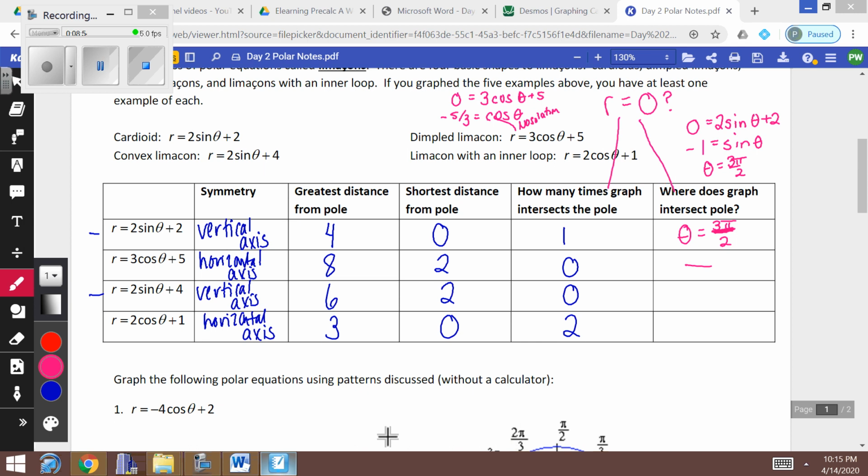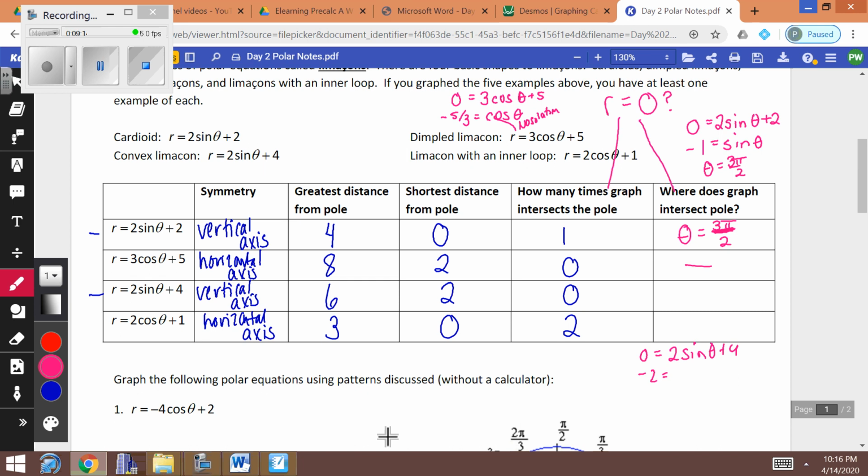Smallest value for the sine would be negative 1. 2 times negative 1 is negative 2, plus 4 gives us 2. So that's how we can figure out our greatest distance and shortest distance there. And once again, we know it does not intersect the pole. If I put in 0, I'll just do it off to the side here.